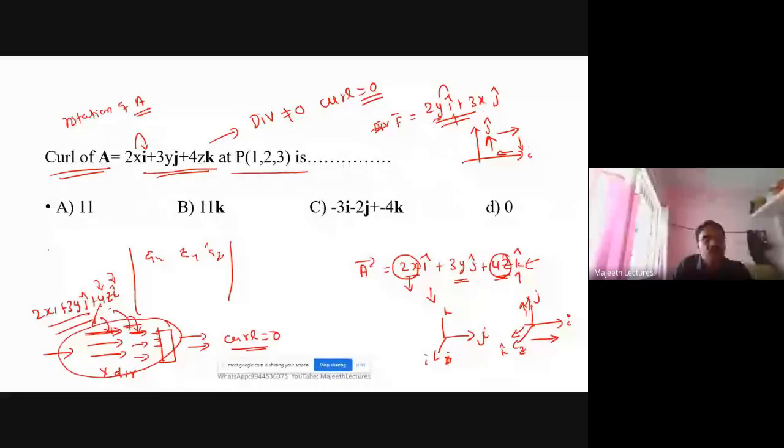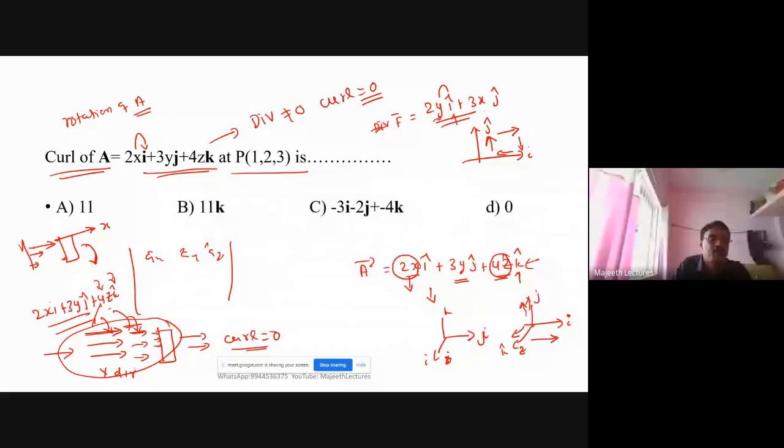Suppose you see this is like this. If you keep some object here, it will rotate. Here you are giving maximum force, here you are giving minimum force, so it will rotate. Here you see all the vectors are pointing towards the x direction, but the change is in the y direction, because here it has minimum, somewhere maximum.